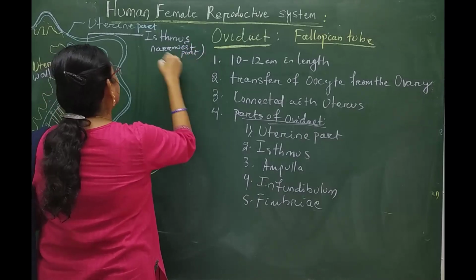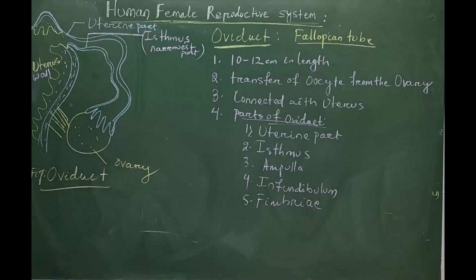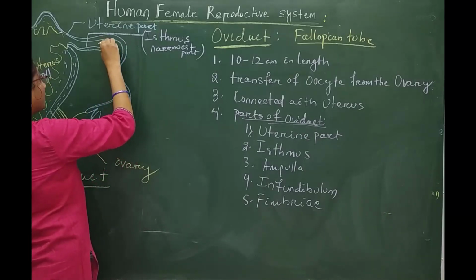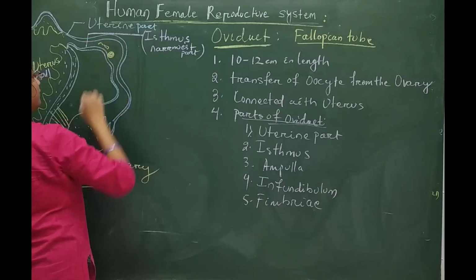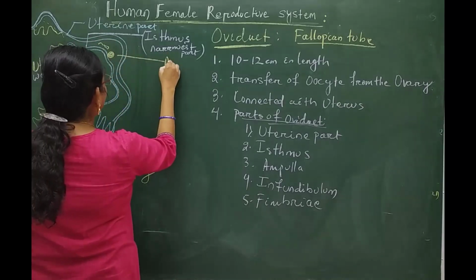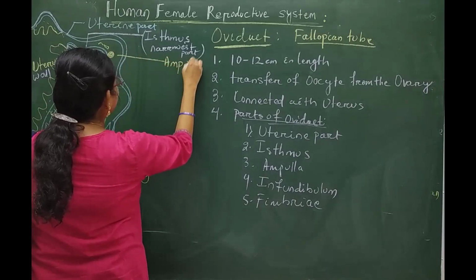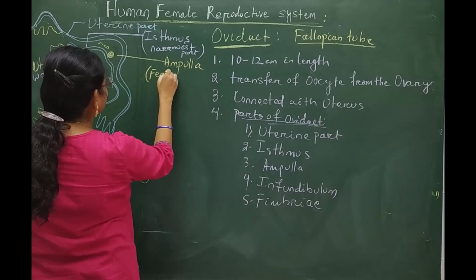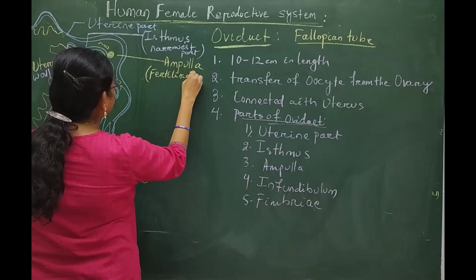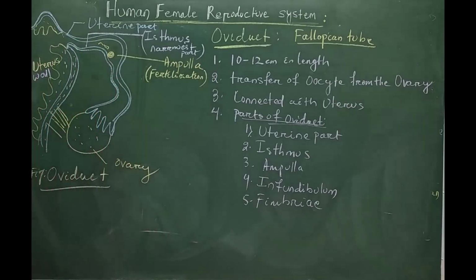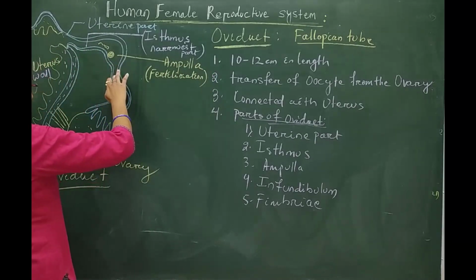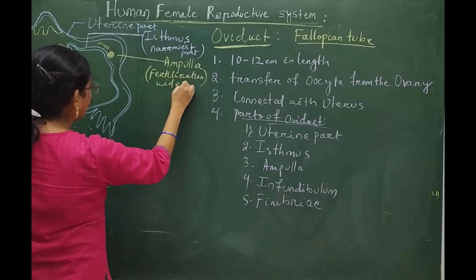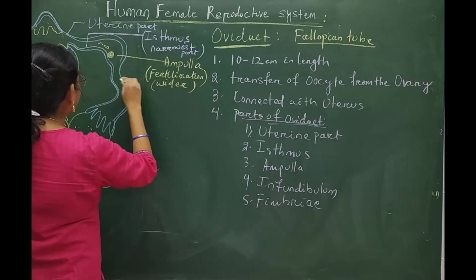Next, another region is where the fertilization occurs and the sperm gets fused with the ovum, called ampulla, where the fusion or fertilization occurs. It is the widest part of the oviduct.